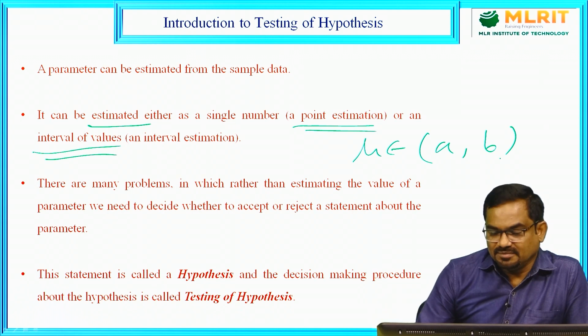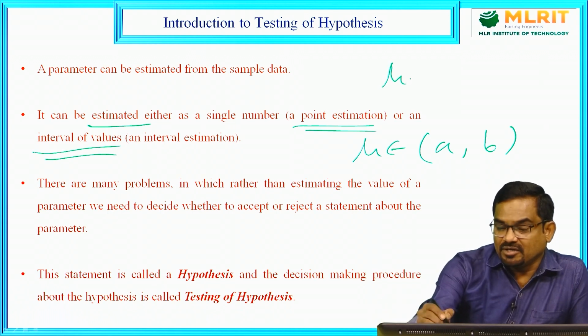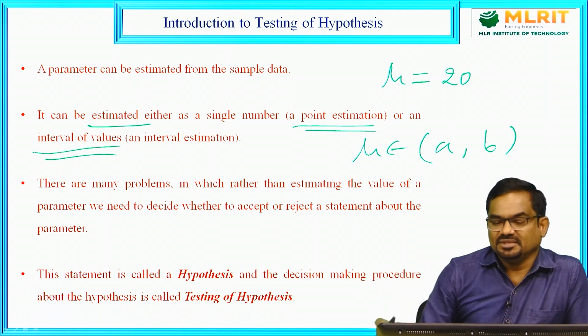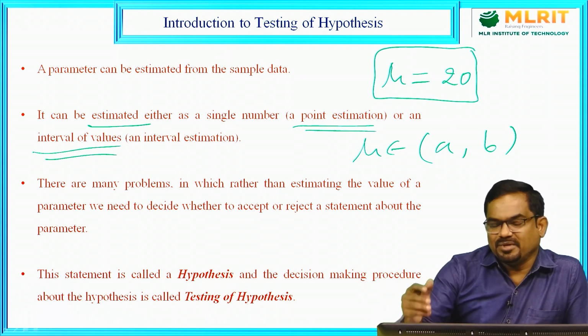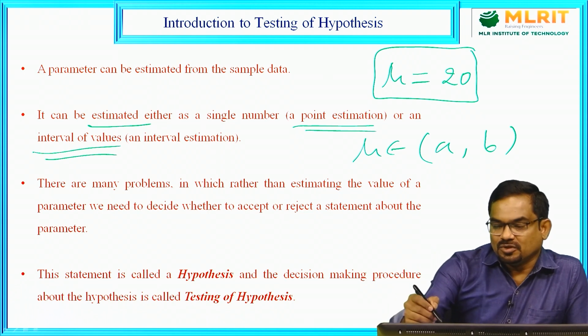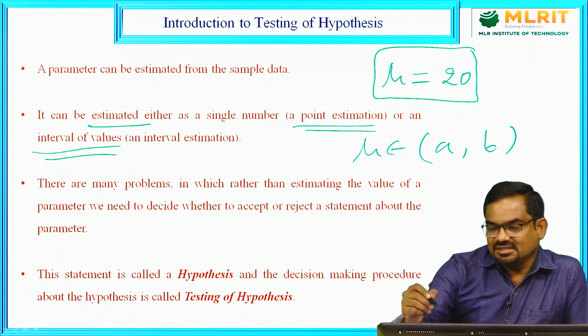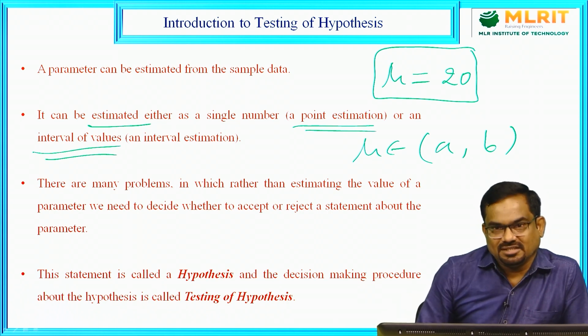For example, the mean of a particular product is 20, mu equal to 20. This is the claim or statement about the parameter. Now, our aim is to test whether this can be accepted or rejected.